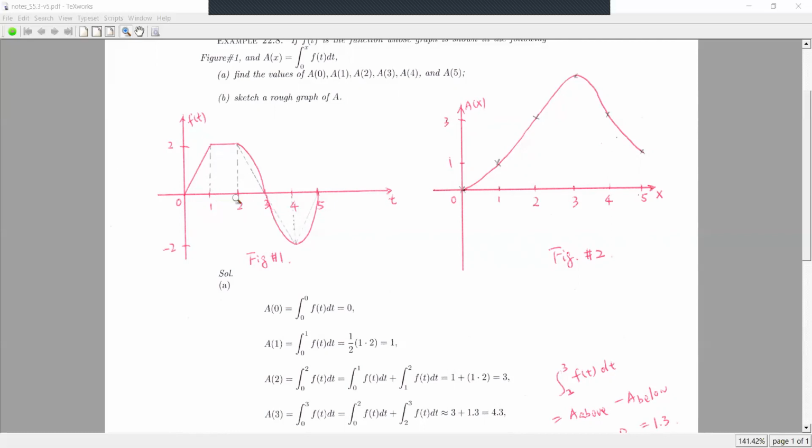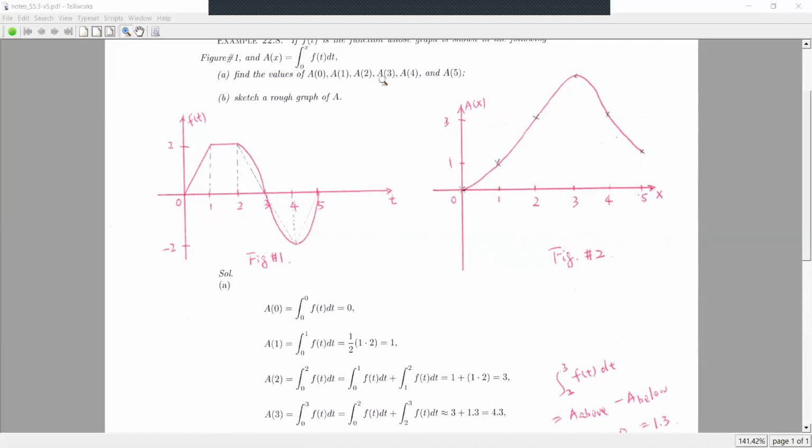The base is 1 and the height is 2, so the area is 2. So the answer for A of 2 is 1 plus 2, which is 3.